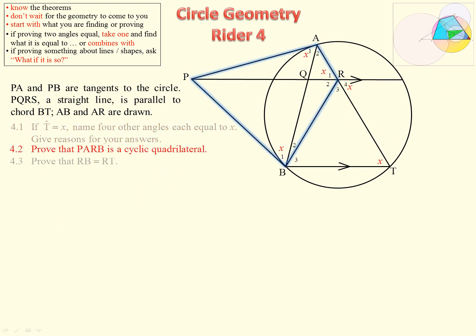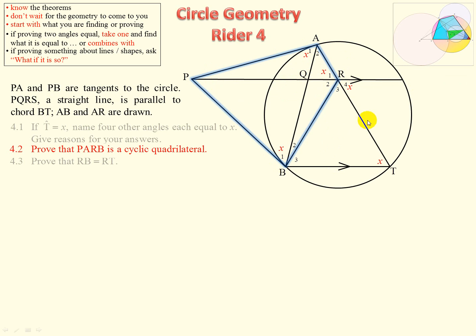Next one, prove that PARB is a cyclic quadrilateral. Here we have two options. We have R3 equal to P, which I don't really like, and I'll tell you why I don't like it, is that P is out in the sticks here without equal to anything, so I don't know if that'll work very well.